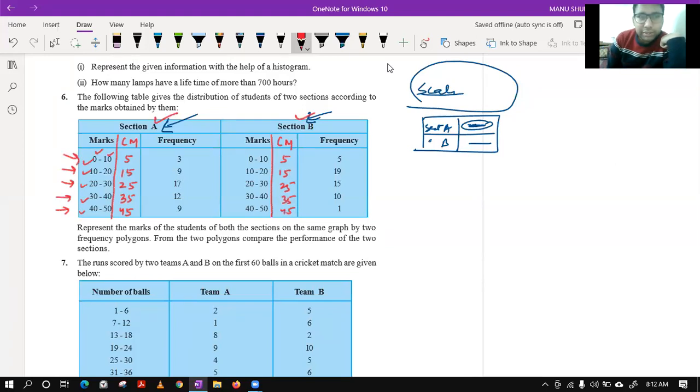Now the section A is having these coordinates: 5, 3; 15, 9; 25, 17; 35, 12; 45, 9. Okay, and these are the coordinates. Fine. Now tell me the previous point. We can call it B, C, D, E, F. We should take A point as what? We can't take it right now, but we have to extend it backwards till -5.